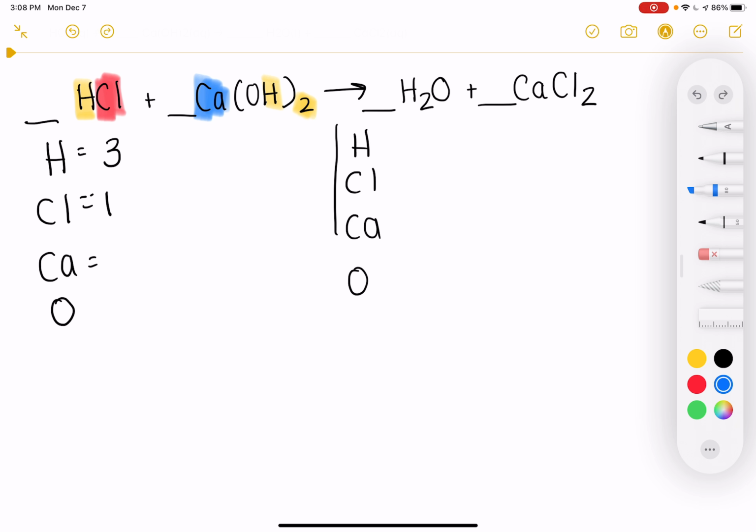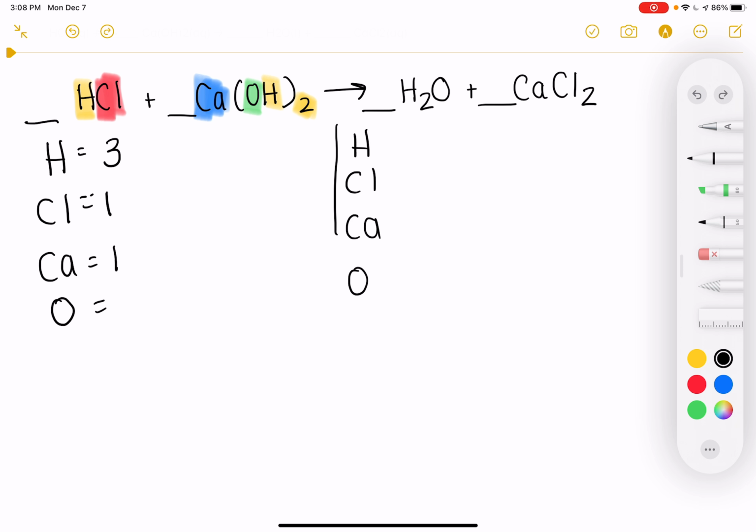Ca is not in the brackets, so it doesn't count towards that, so we just have 1. And our oxygen, it's inside those brackets. So because it's inside the brackets, that 2 goes to that O, so we do have 2 O's. Okay, so that's how we tally up that side.